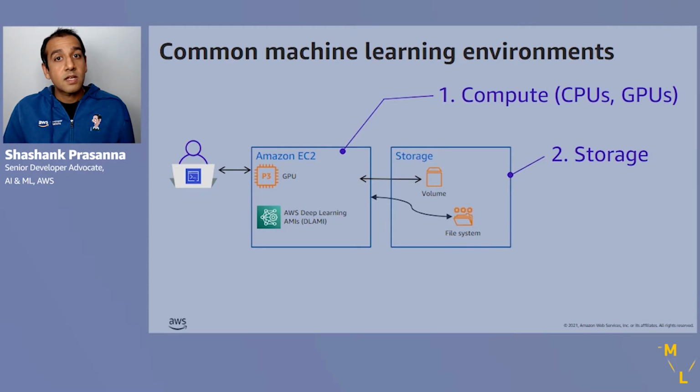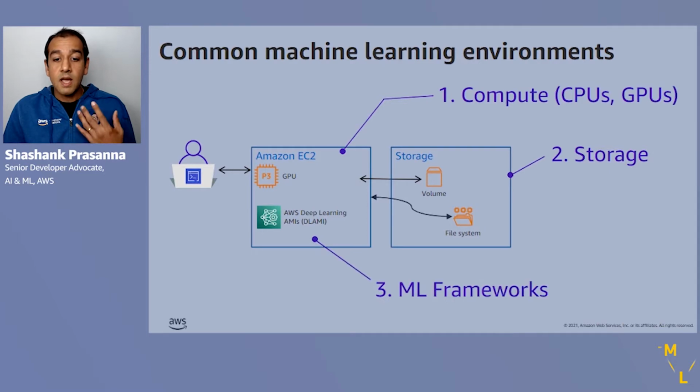And you also need access to storage because you need access to data sets, but also a place to store your training metadata and other data that you generate as part of the machine learning training process. And you also need access to software, and these are typically your machine learning frameworks like TensorFlow, PyTorch, but also proprietary libraries or other libraries that you develop as part of your machine learning process.